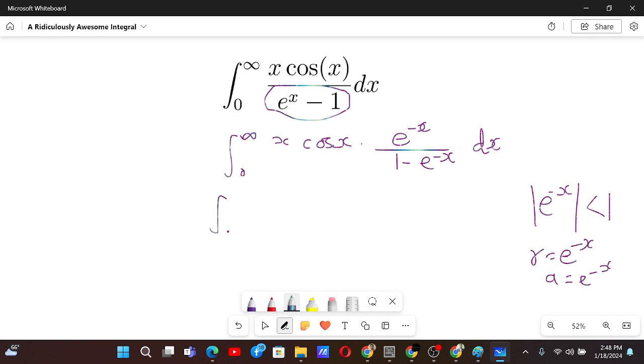So that's why we can write this as x cos x, and sum from r equals 1 to infinity, e to the power minus x times r, dx. The first term will be e to the power minus x, and the ratio will also be the same.